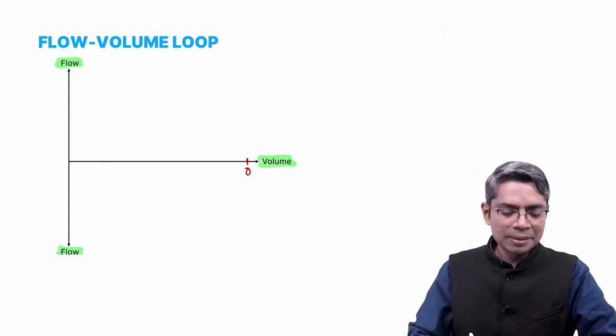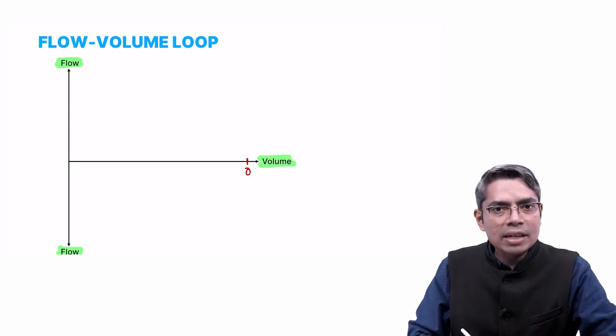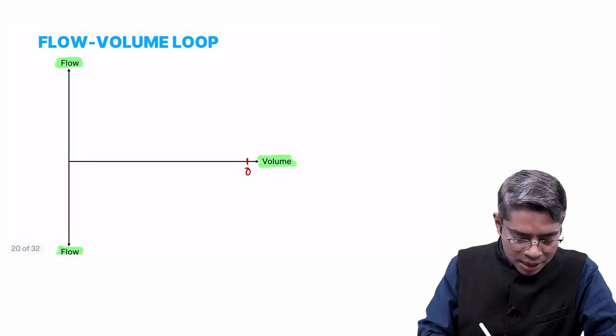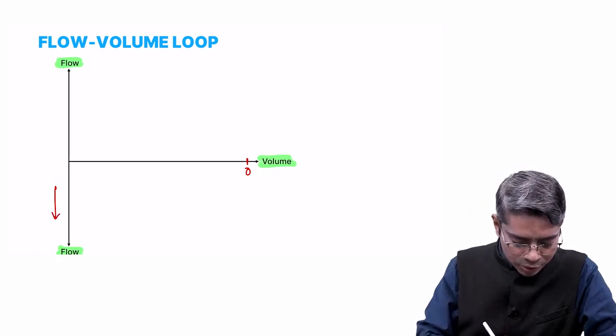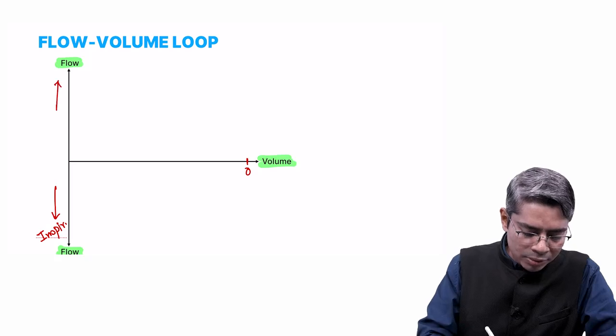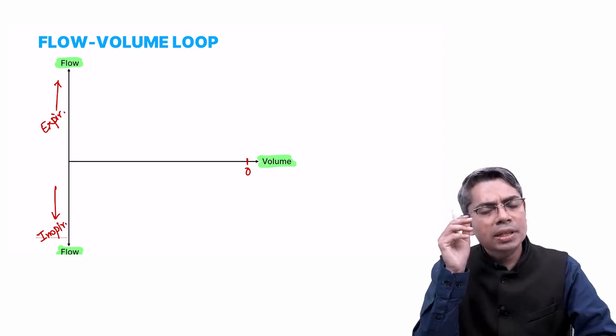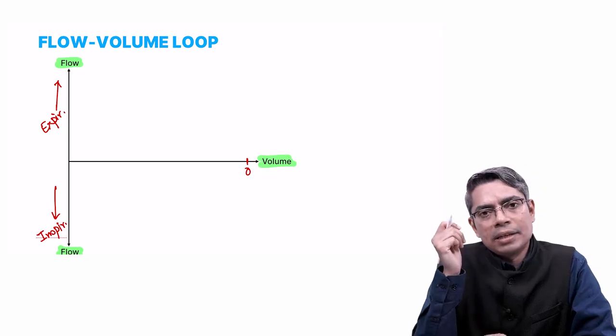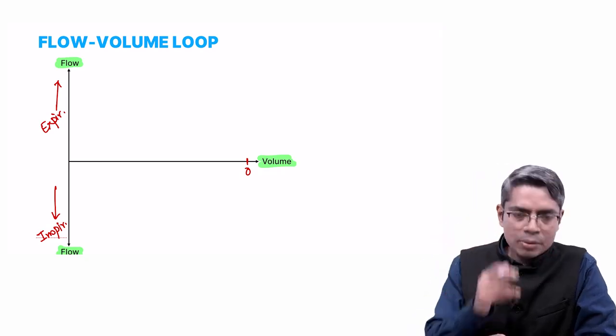Another difference is that the inspiratory flow recording will be done in the downward direction. So this downward direction recording is the inspiratory recording, and the upward direction recording will be the expiratory recording. If you ask me why so, sir, this is according to the convention of the recording. The inspiratory recording will be in the downward direction.